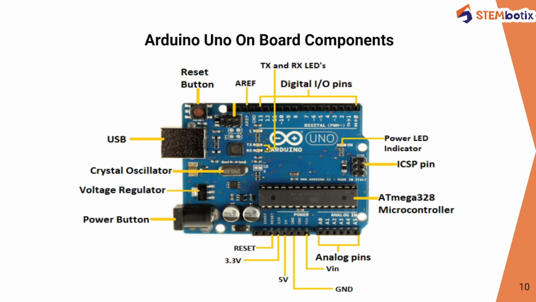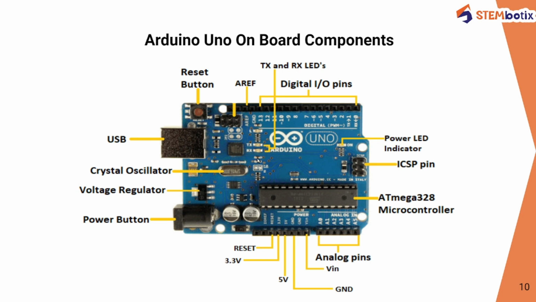The TX LED flashes at different speeds while sending serial data, and that speed of flashing depends on the baud rate used by the board. Whichever baud rate is used by the board, the speed of flashing changes accordingly.